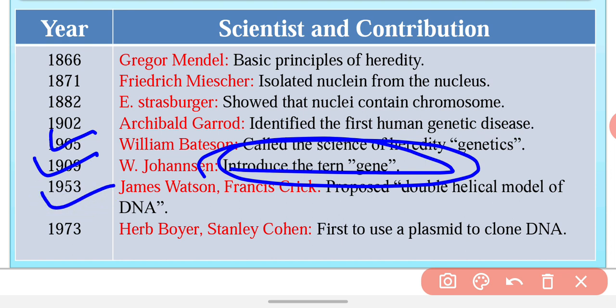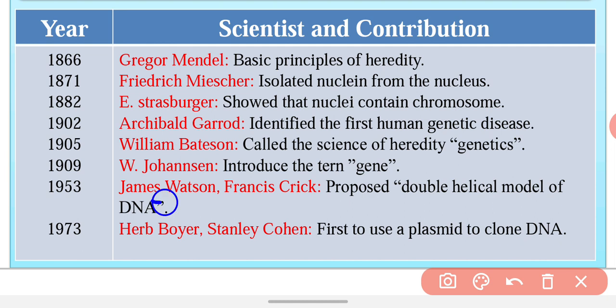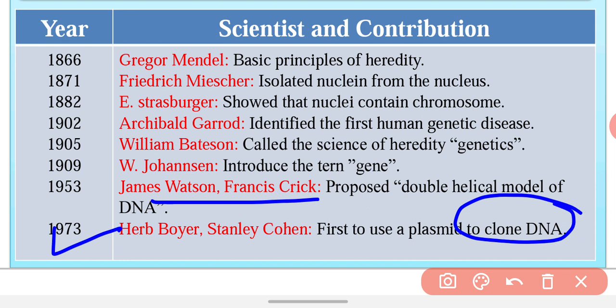In 1953, James Watson and Francis Crick proposed the double helical model of DNA. DNA is basically of five types: A DNA, B DNA, C DNA, D DNA, and Z DNA. Generally, the figure of DNA you see in books is B DNA.